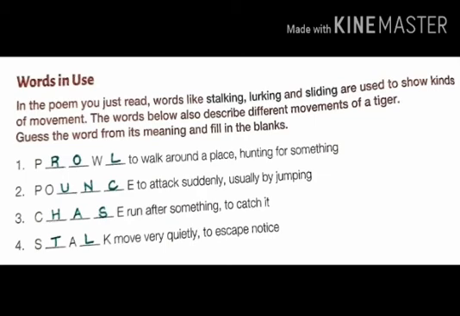Prowl, to walk around a place hunting for something. Second, pounce, to attack suddenly, usually by jumping. Third, chase, run after something to catch it. And fourth, stalk, move very quietly to escape notice.